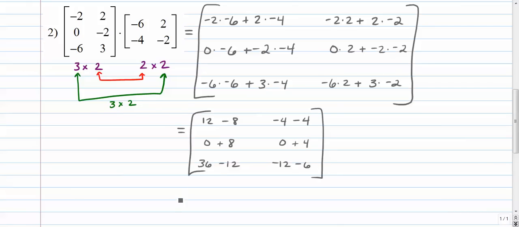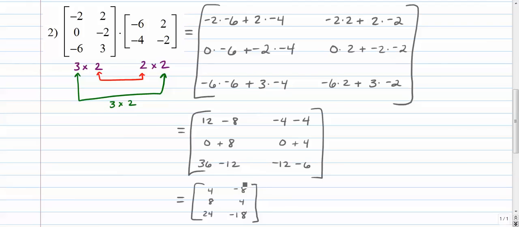Simplify it one more time. 12 minus 8 is 4. 0 plus 8, 36 minus 12 is 24. Over here we have negative 8, positive 4, negative 18.